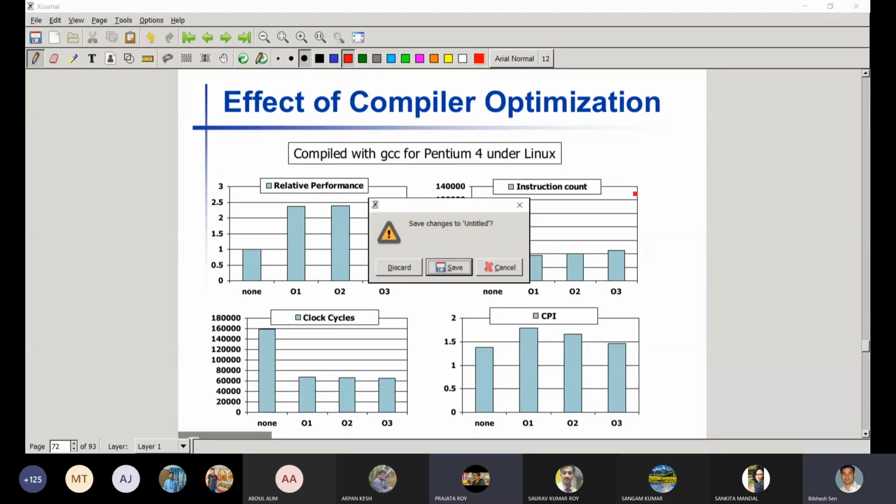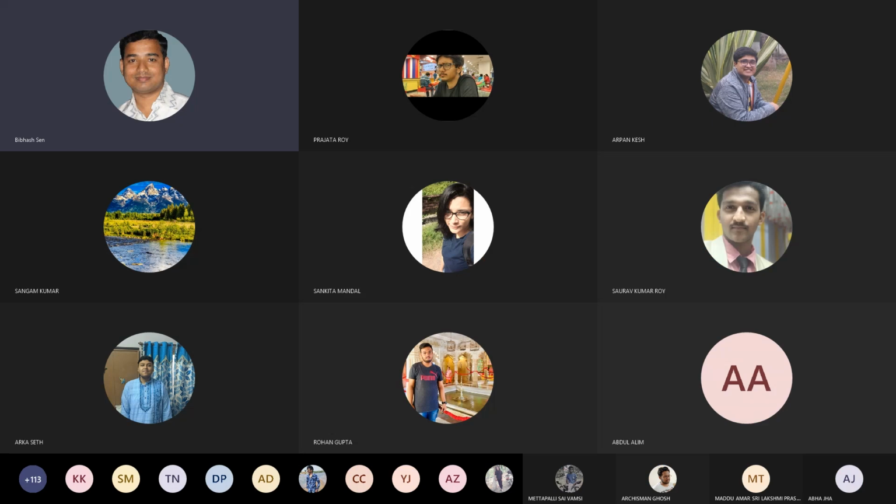Now we will go to the last topic of today's discussion, from the performance metrics. Then this chapter, instruction set architecture, will be almost finished. Then we'll go to the third chapter.